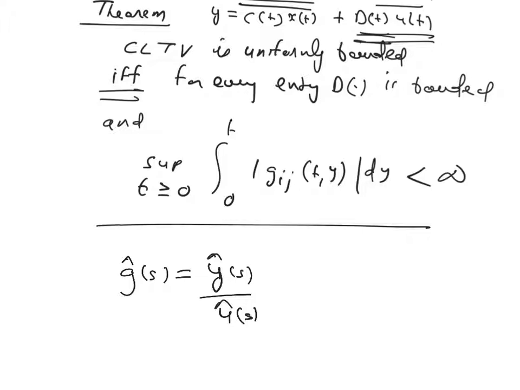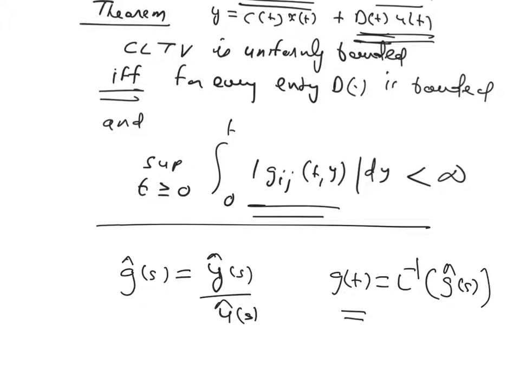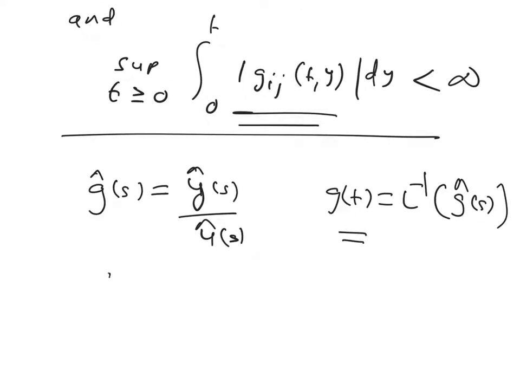So that's the transfer function. And if you take the Laplace inverse of this transfer function, what is the transfer function? The transfer function is the Laplace transform of the impulse response. So basically, g(t) will be the impulse response, the Laplace inverse of g hat(s), right? Agreed? So this g(t) is nothing but this g(t). Also, if you remember, you can have multiple transfer functions, right?